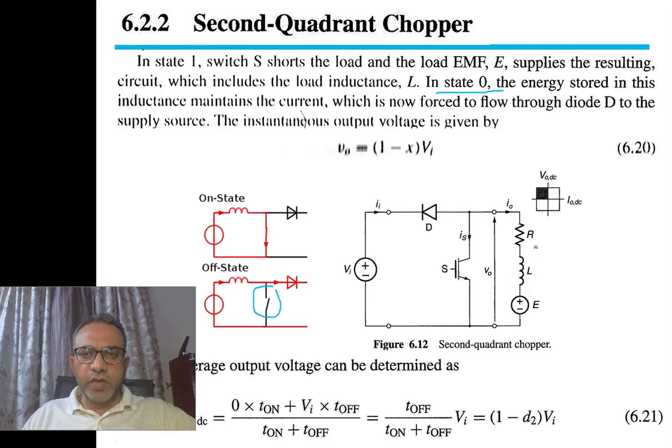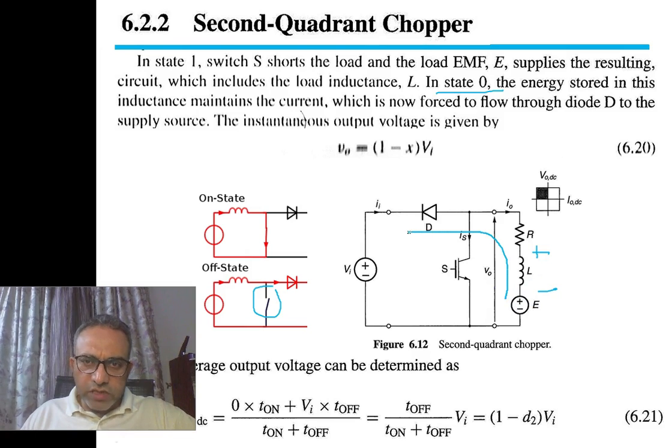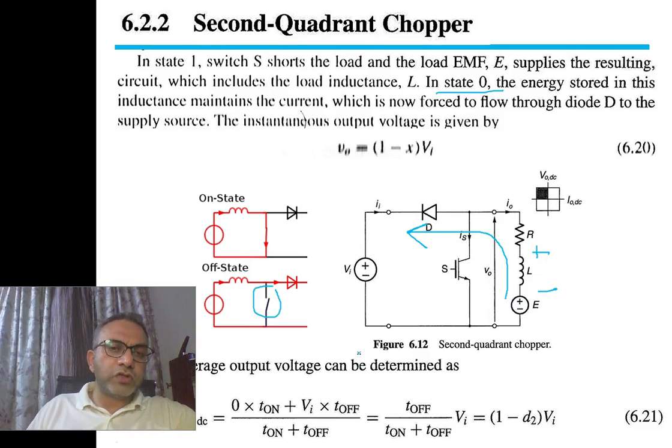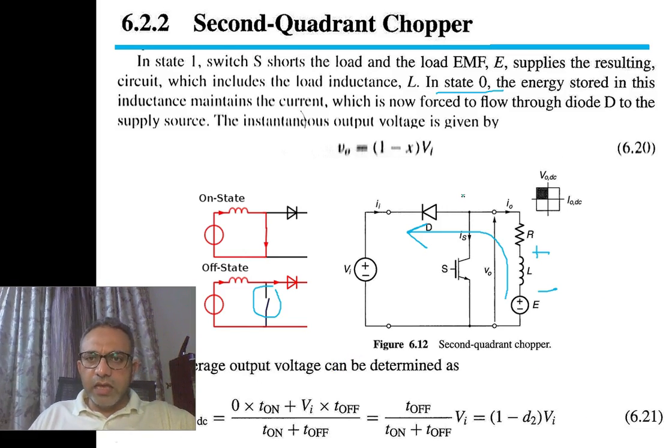So the inductor will reverse its polarity, and it will now force current to flow into the power supply. This is node A, this is node B. VAB is equal to the back EMF plus the voltage of inductor L.